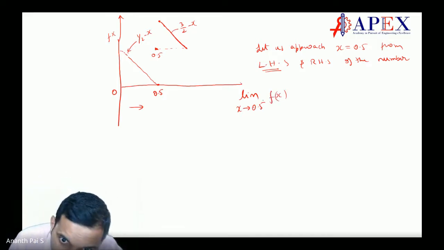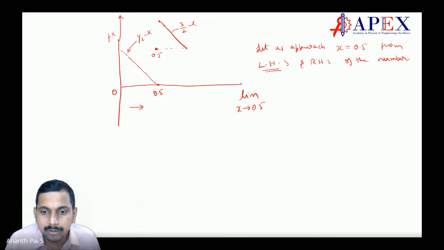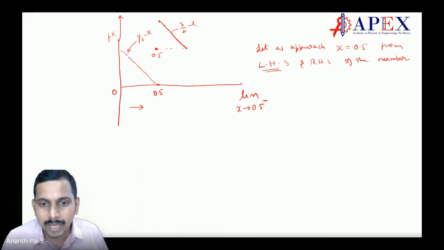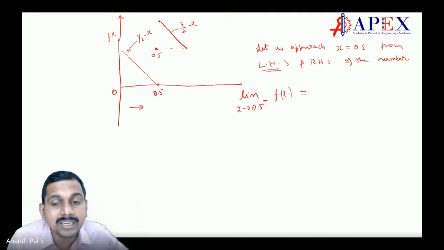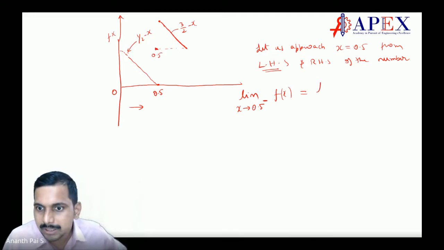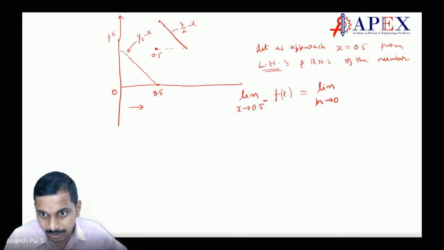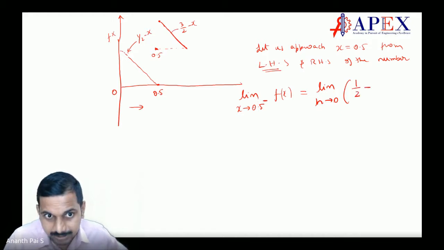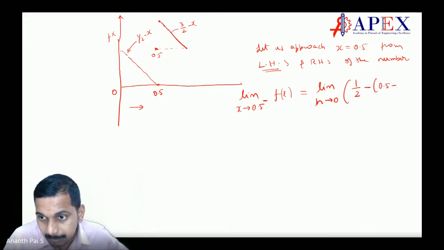When you say 0.5 minus, it means left hand limit. For this left hand limit, we put f of x as half minus x. That becomes limit h tending to 0, and instead of x, I will put 0.5 minus h.